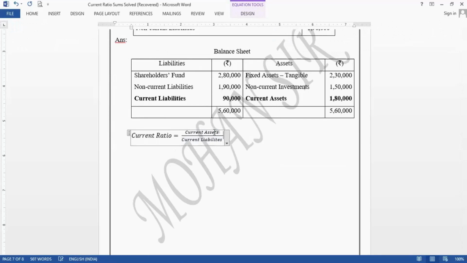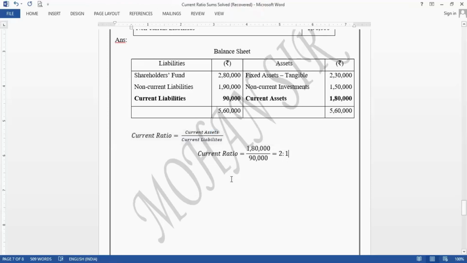Now let us place the values. Current ratio is equal to current assets, 1,80,000, divided by current liabilities, 90,000. If you solve this, the answer will be 2:1. So this is how you solve the sum.